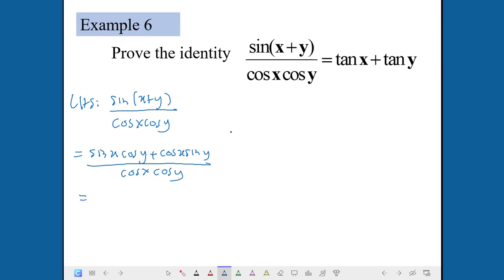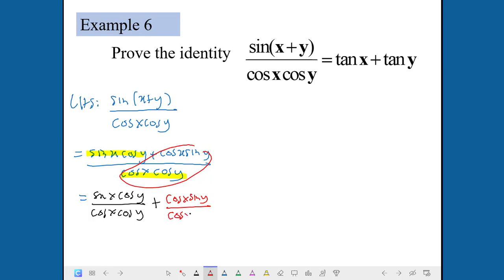And then show that it is equal to tangent. So separate into two terms: sin x cos y over cos x cos y, plus the other term, cos x sin y over cos x cos y.